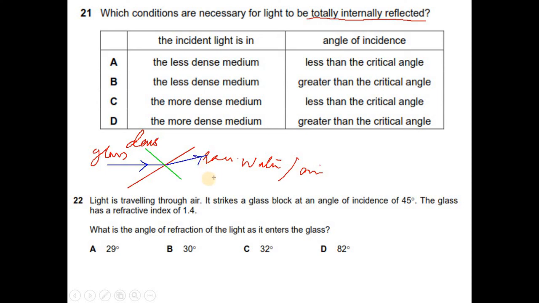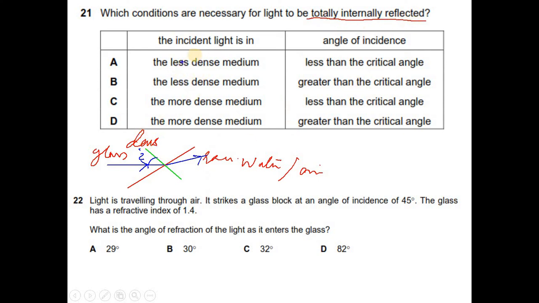So the first condition for total internal reflection is the light should be traveling from dense to rare, and the incident angle, this is the incident angle, should be greater than the critical angle. These are the two necessary conditions for light to be totally internally reflected.